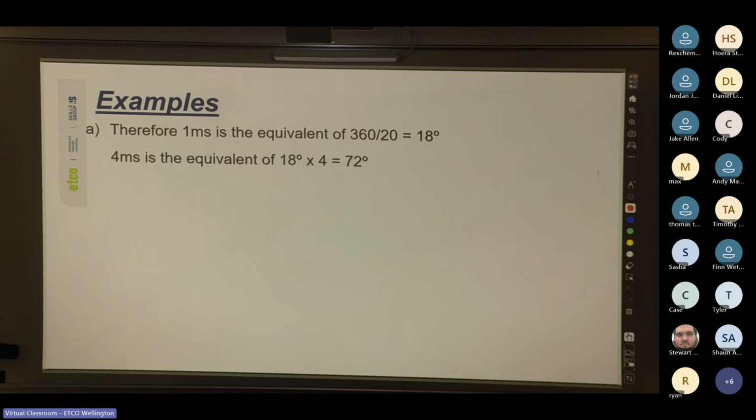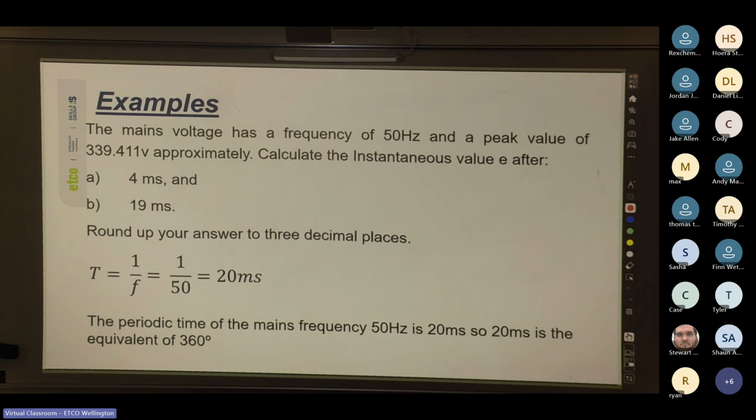Yeah, cool. Sweet, we'll go back. What they're asking us here is to figure out the instantaneous voltage after a time. We know that 20 milliseconds is the time taken for one complete sine wave.